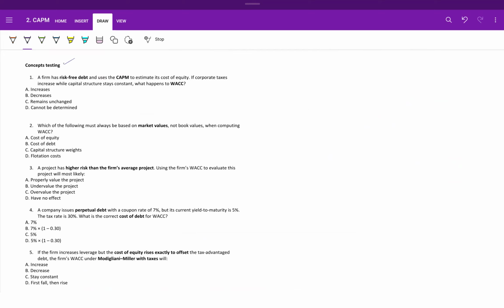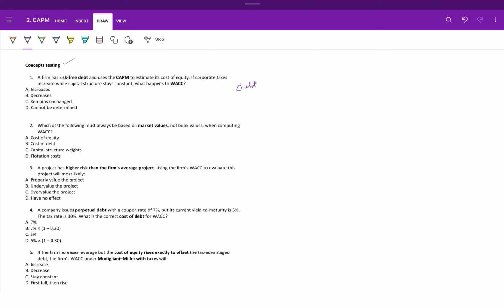So there is a question. If a firm has risk-free debt and uses the capital asset pricing model to estimate the cost of equity, and the corporate taxes increase while the capital structure stays constant, what happens to the weighted average cost of capital? Understand this: the debt creates the tax shield.